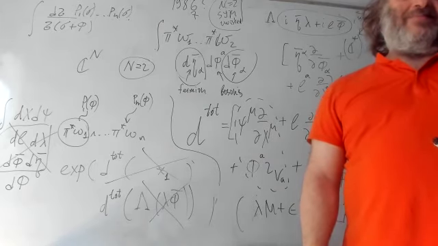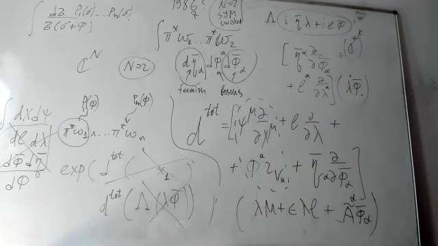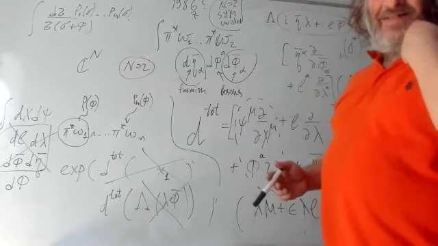Wait a second, this is an ordinary integral. Of course. So what does it mean? I mean, this integral is equal to infinity. This integral is not over x and psi. No, over phi.